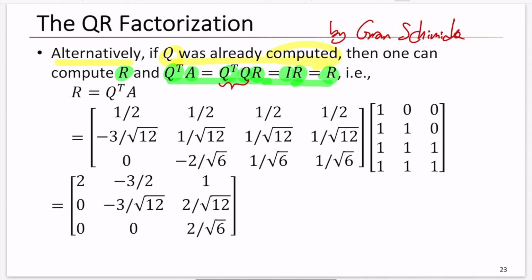Because Q transpose Q is equal to the identity matrix. Why?